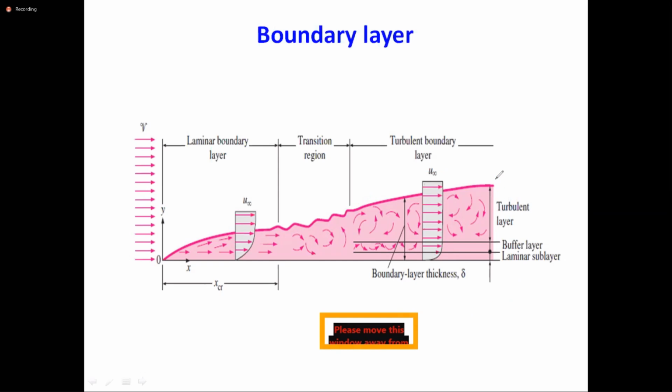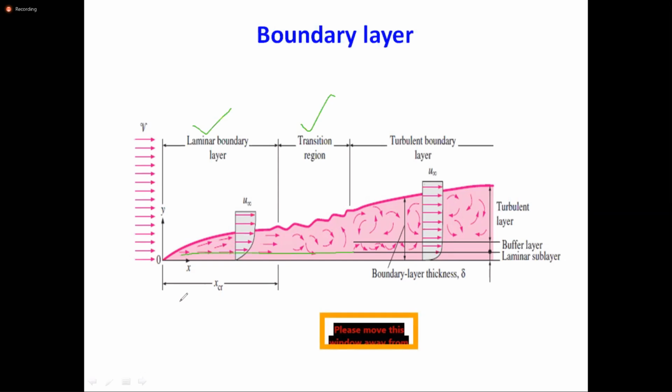So here, this is the laminar region, the transition region, and the turbulent region. Here it forms continuously, slowly, a small layer, going from laminar to turbulent like this.